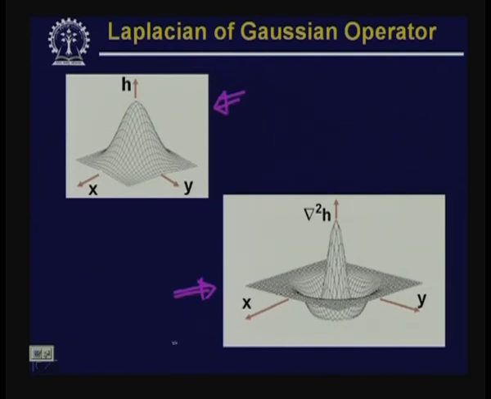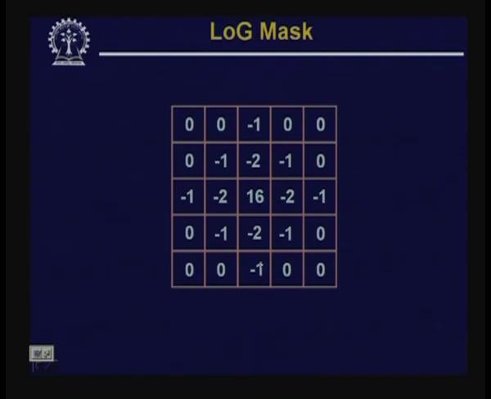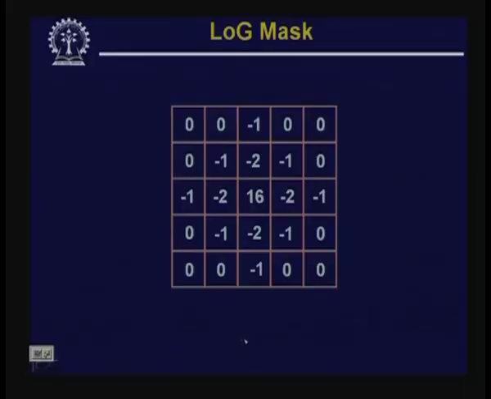The same is obtained using this particular mask: at the center the value is maximum positive, which is 16, just away from this it becomes -2, then it goes towards 0, that is, it becomes -1. So, if I apply this LOG mask on an image, I can detect the location of the edge points.